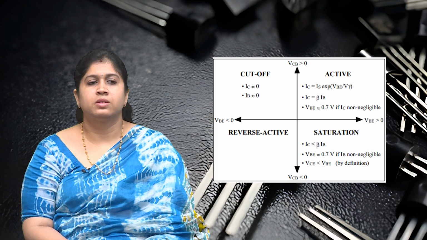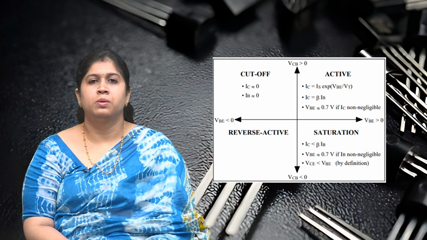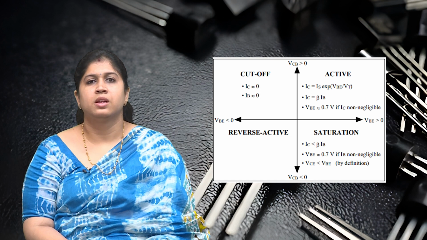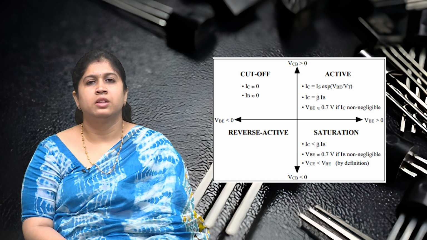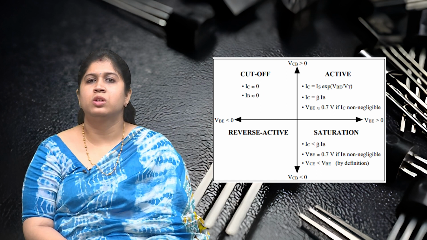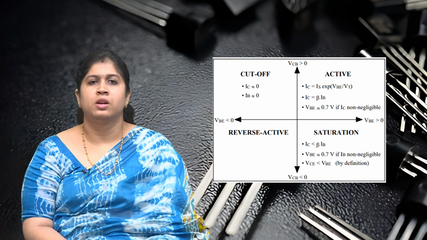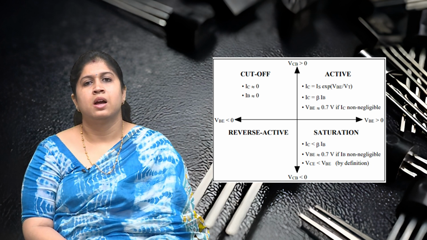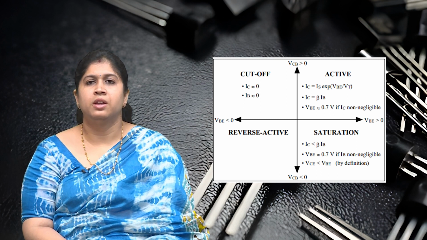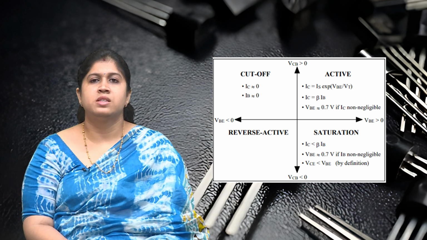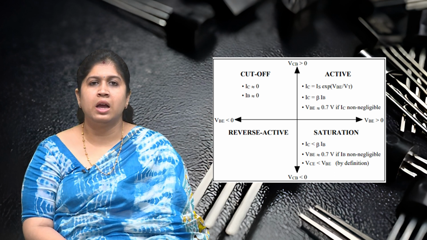Now we discuss the summary of BJT characteristics in active mode. Collector to base voltage and the base to emitter voltage are positive, and the collector current is expressed as IC equals IS e to the power VBE divided by VT, and IC equals beta IB.